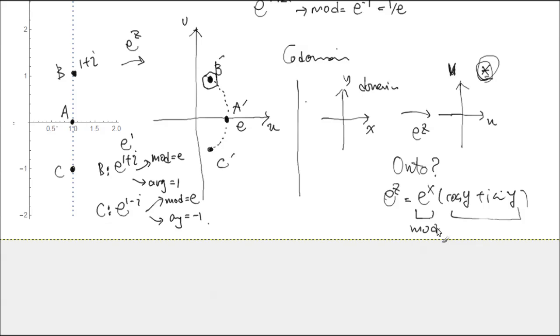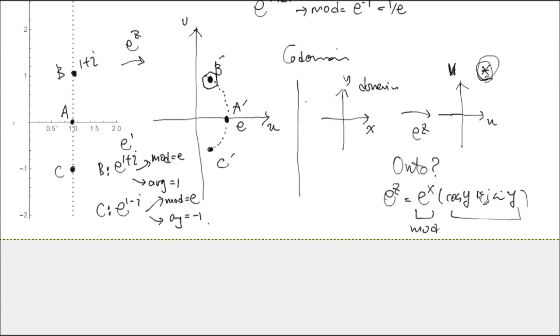You can match all the moduli except one modulus. Which modulus can you not get with this e to the x? e to the x can hit all the numbers except 0. Modulus can be 0, but e to the x will never be 0, correct?